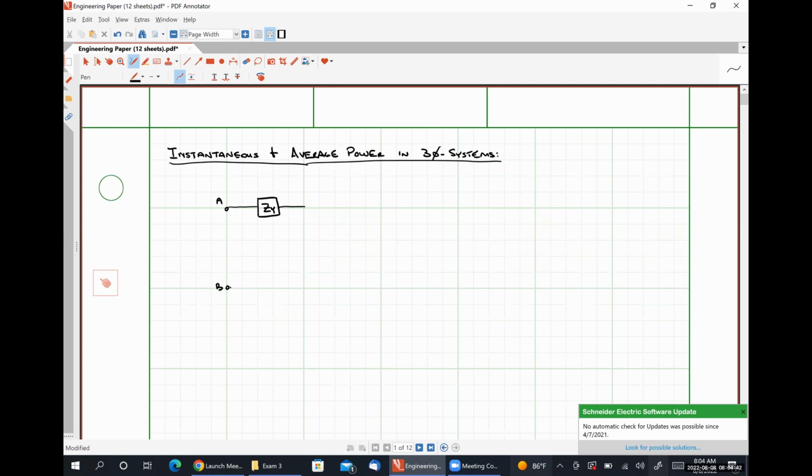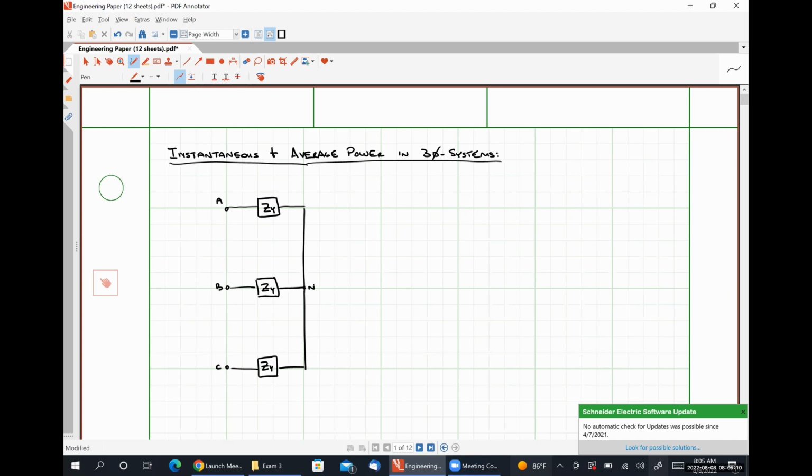Our results should be fairly similar to what we would see for a delta connected load as well. I'll explain what I mean by that in just a moment. Okay.